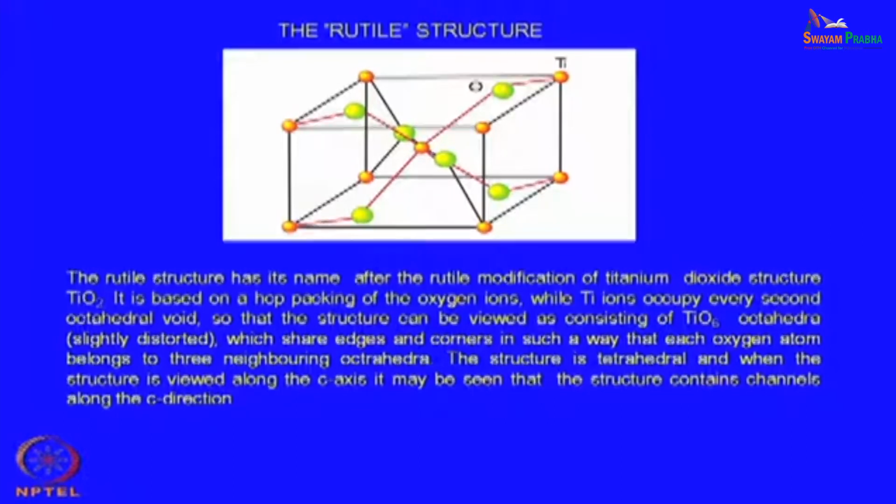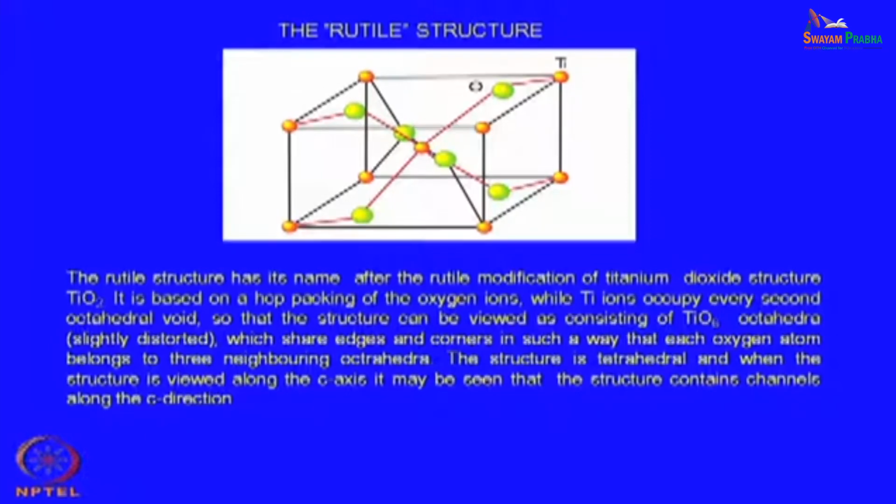So the structure can be viewed as consisting of TiO6 octahedra. There are 6 oxygens surrounding a titanium ion. That is the preferred coordination number for titanium, particularly titanium 4+, and the octahedra are slightly distorted.